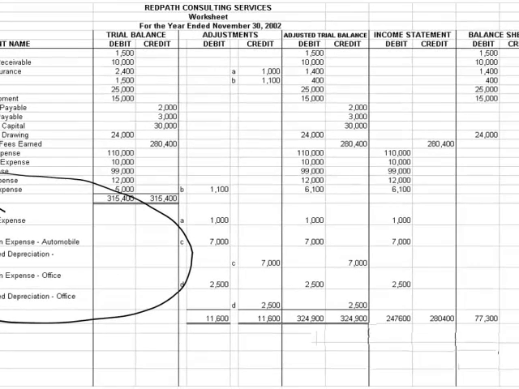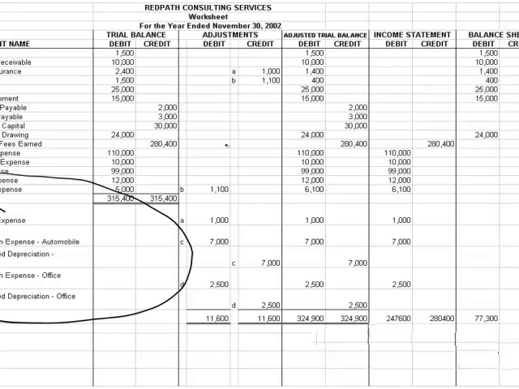These were all possibly non-existent accounts until the adjustments were made. Normally when you set this up, you know you're going to have some adjusting accounts and you plan for those beforehand. So you could have done this one of two ways, and I believe your book shows both ways as well. Your trial balance is taken straight off of the general ledger.